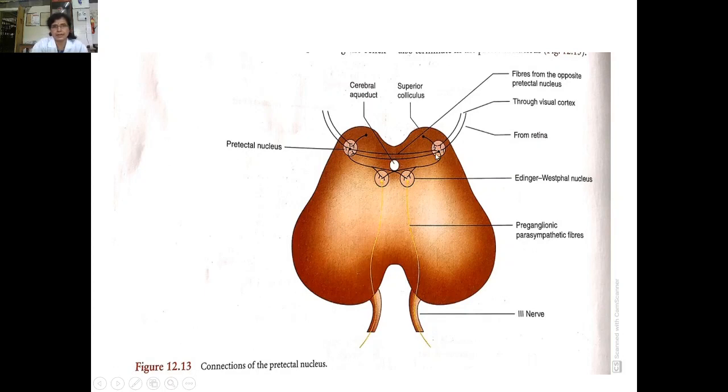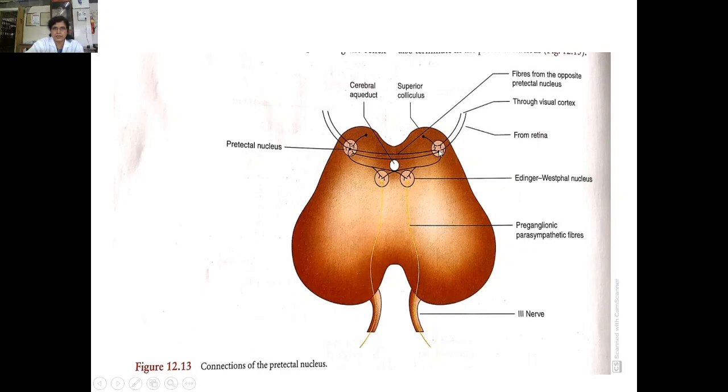So what is the pupillary light reflex? That is, when light is shown in the eye, the sensations are carried through the optic nerve, then optic tract, and some fibers from this optic tract relay in the pretectal nucleus.